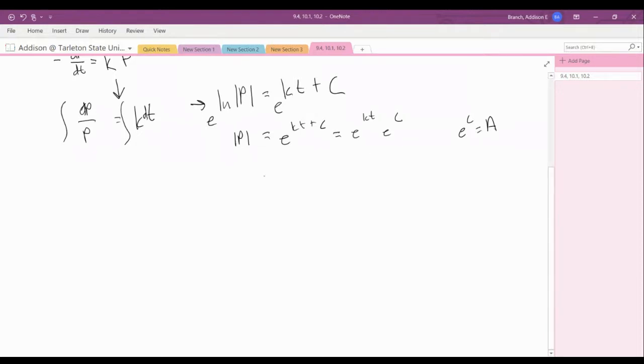So we can eliminate the absolute value and rewrite this as P is equal to A times e to the kt.